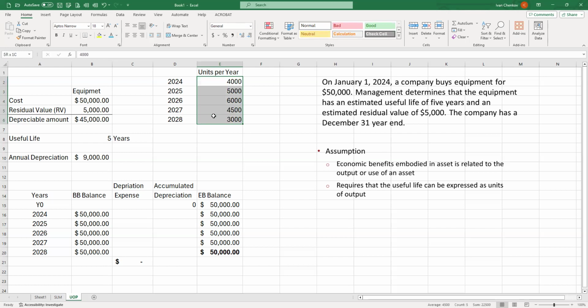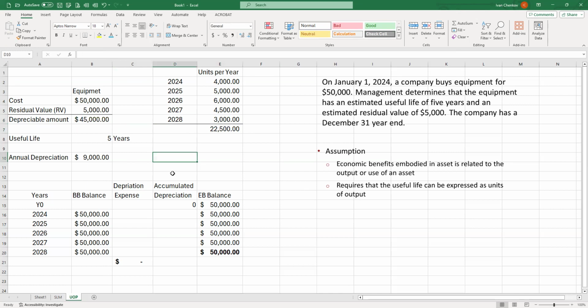So once we have the number of the units, what do we need to do? It is very simple. We have to find out first how much is the total. Once we find out the total, 22,500 units, over those units we have to depreciate the $45,000.